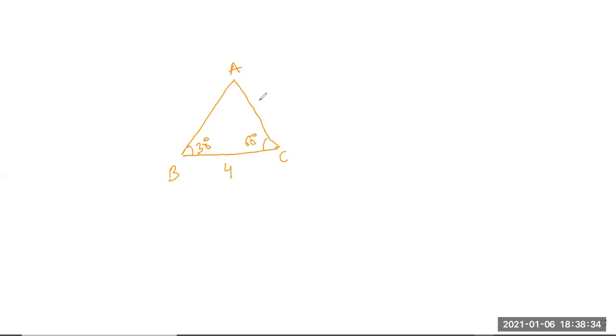Find AC, or length b. Can you find what is AC, or can you find what is AB? How will you find? I only gave BC is equal to 4 meters or anything.